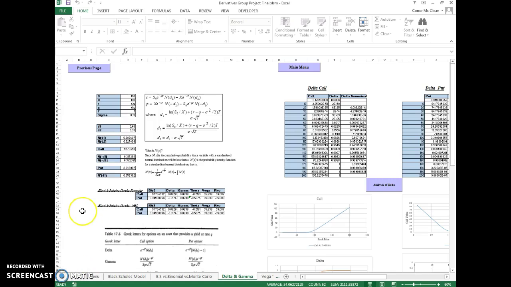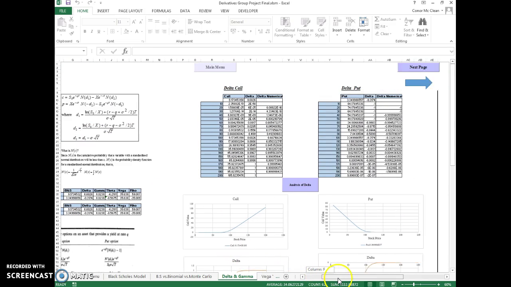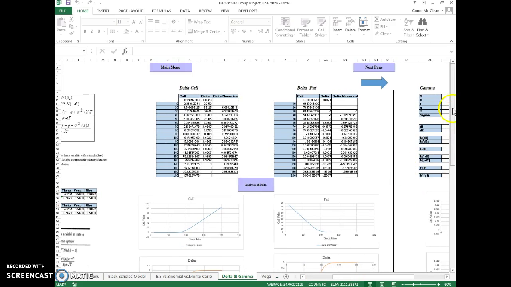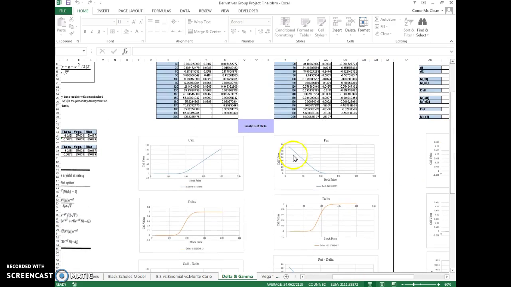Okay, so the next thing we had to do was calculate the Greeks using both VBA and C++ methods. Illustrated here are the delta call and delta put options, and the graphs indicate the change in the value of the call with respect to the change in the stock price.